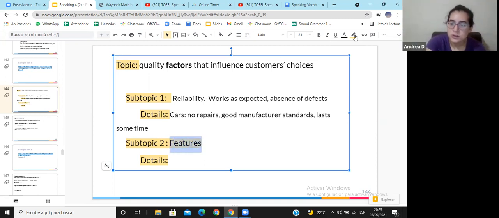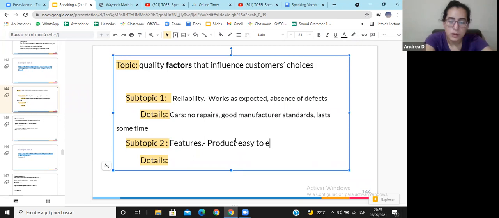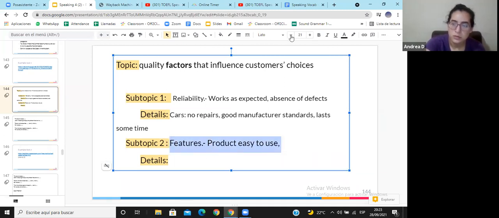What are features? It's when the product is easy to use. Okay. What else? Anything else?